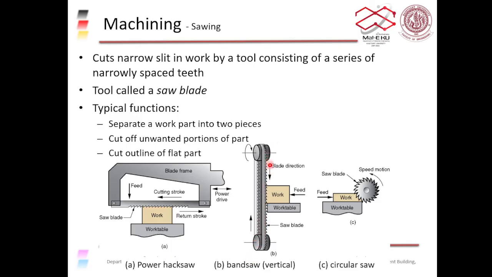So you have a band of narrowly spaced teeth, and it is moved or rotates around the two axes, and you can move your workpiece past the blade, right? And then you can cut your workpiece, or you can have a circular saw, right?